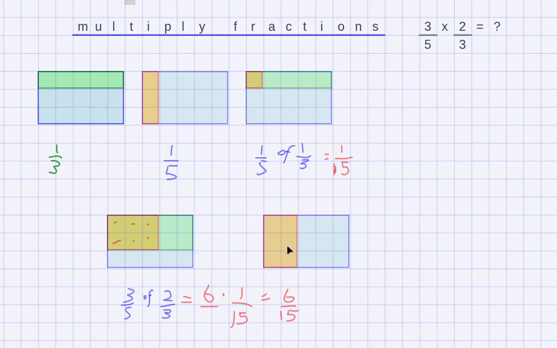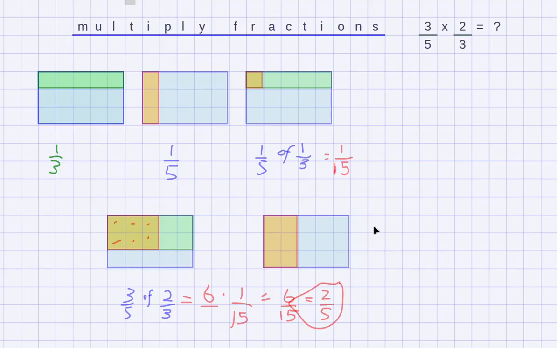So now we see that it's actually 1, 2, 3, 4, 5. So 6/15ths equals 1, 2 of the 5ths. Okay. All right. So that's the answer there. 2/5.